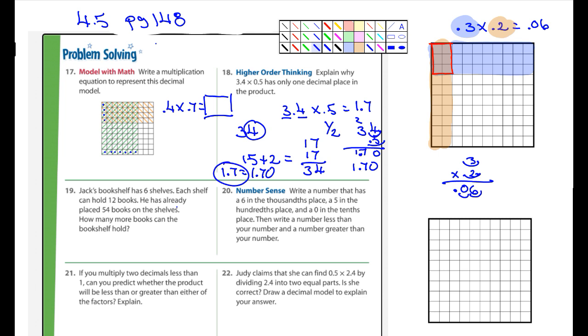So it really only does have 1 decimal place, 1.7. How would you explain that? Well, I guess you could say the 0 does not count. Okay. All right.